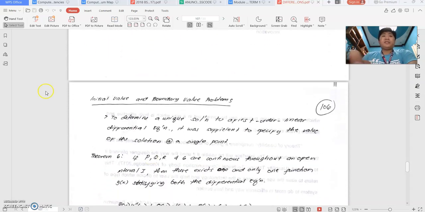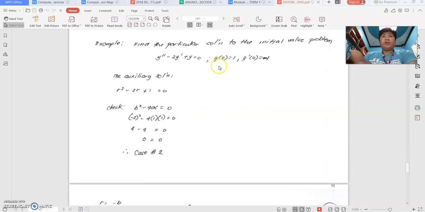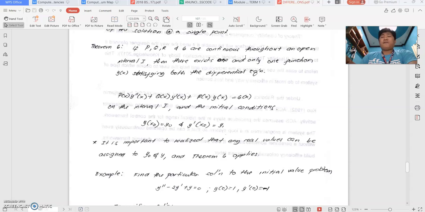Now, how will you apply the given example to an initial value problem? Initial value and boundary value problems are problems with given points. Similar to a first order first degree differential equation, it is used to get the particular solution.